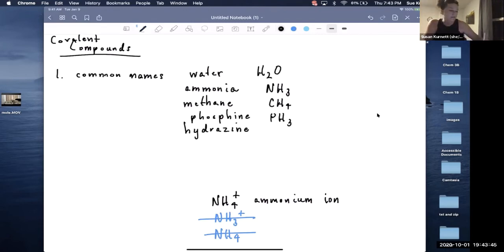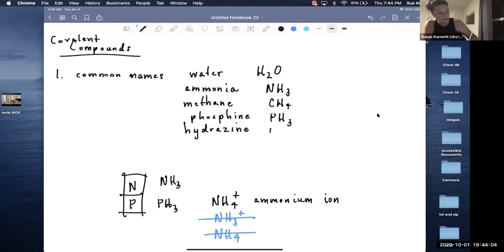Nitrogen and phosphorus are in the same column on the periodic table. So it makes sense that if nitrogen combines with 3 hydrogens, phosphorus might too. These 2 are related for reasons that have to do with their valence shell, the outer shell electrons that are important in chemistry. And then hydrazine is rocket fuel.